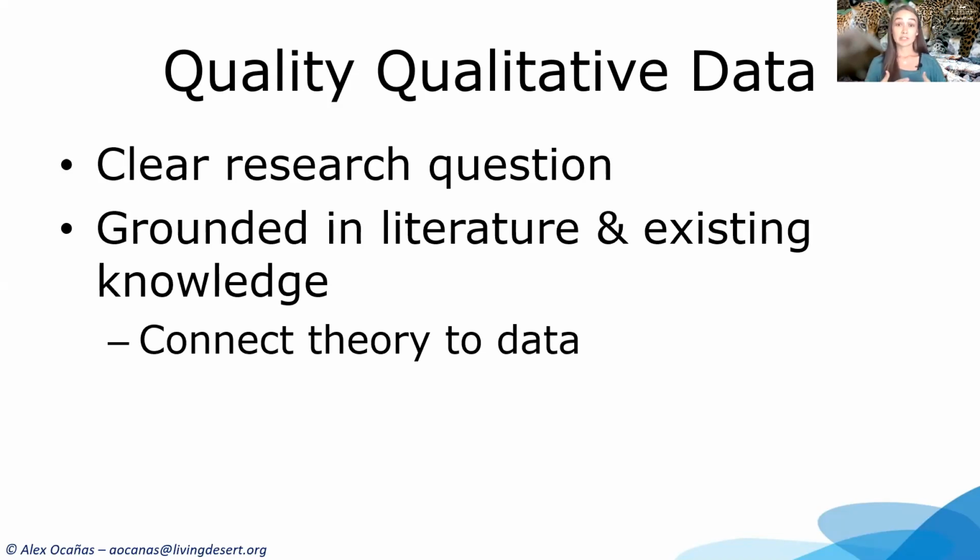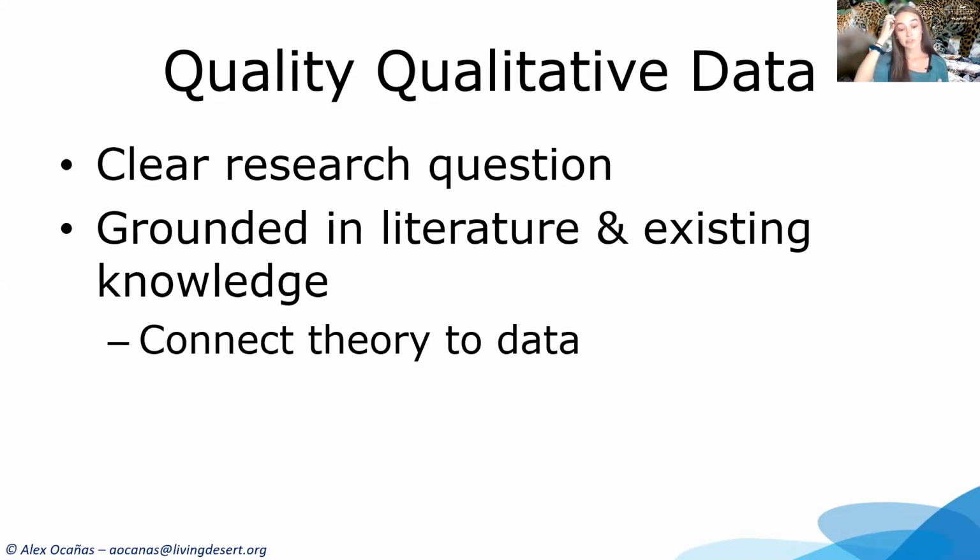In other words, your study should build upon existing knowledge and really clearly articulate how your data is related to or connected to existing theory. That way, you're not just coming into an interview, reviewing the content and basing your analysis or your interpretation solely on your own knowledge or assumptions or biases, but it's grounded in some other scientific or general knowledge.